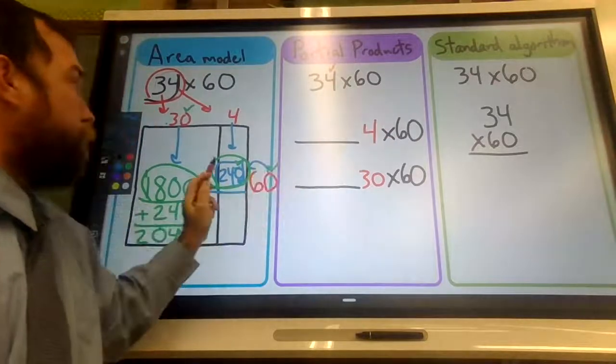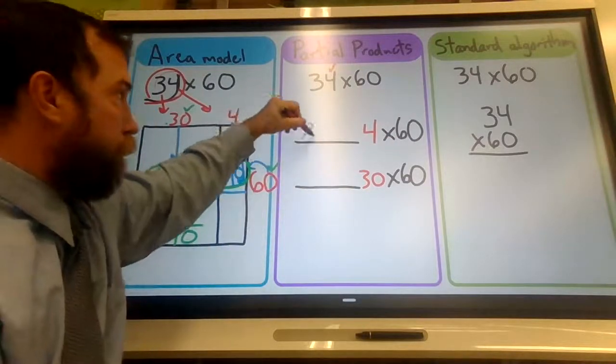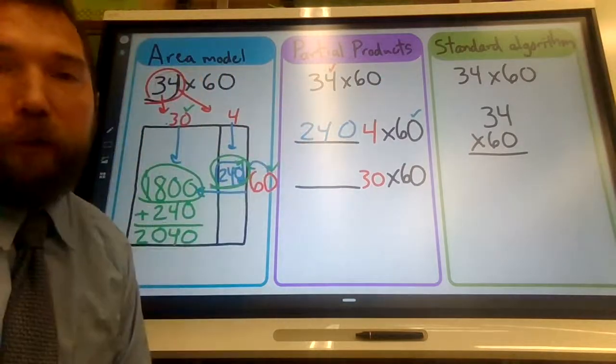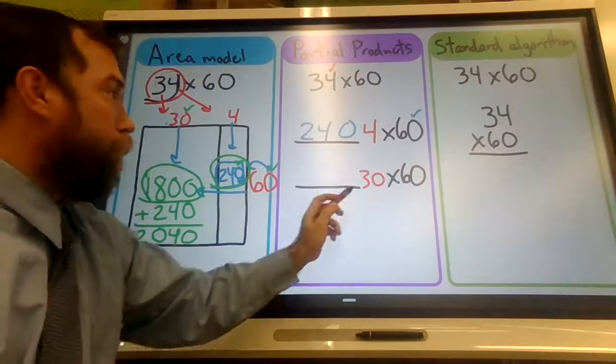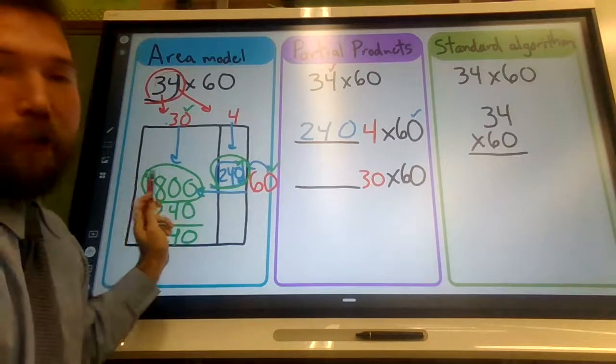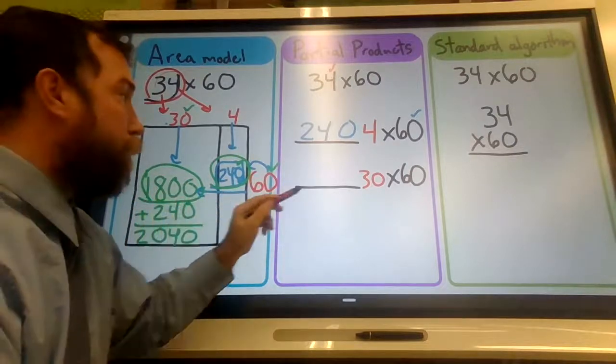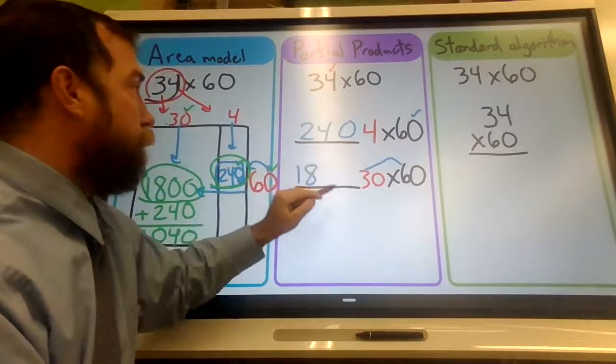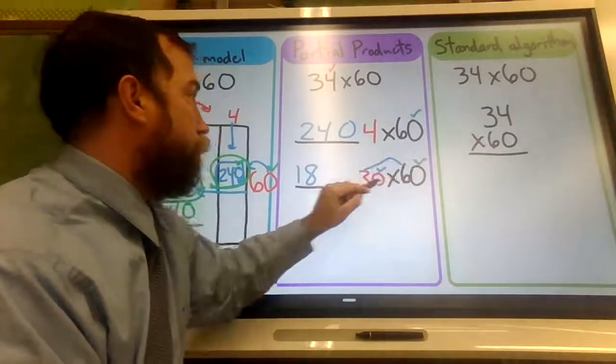Right? 4 times 6, that's still 24. And then there's still our 0 that we need to put on the end. 30 times 60 is actually the same exact math we did over here, again, just without the boxes. We still just do the 3 times 6 makes 18, and then 2 zeros.